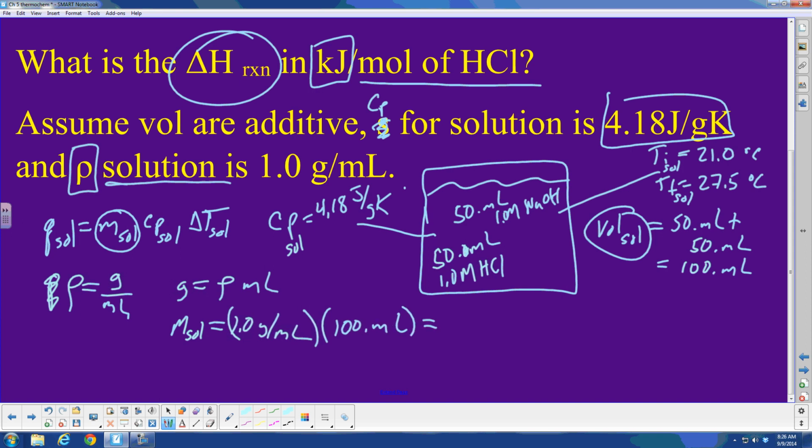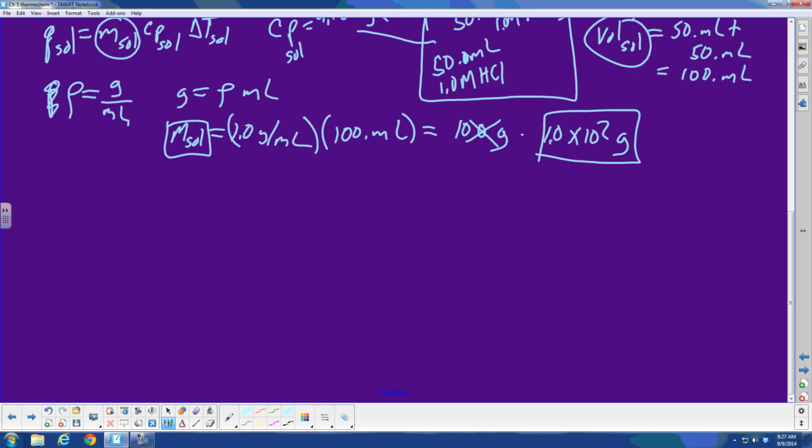So it looks to me like I get 100 grams with 2 sig figs. So how do I make that 2 sig figs? It's going to be 1.0 times 10 to the second grams, right? That is my mass of the solution. Okay, so now I have everything I need. Great. So quite often too, folks, in the question, they often just give you the mass of the solution. You don't always have to convert it using density.